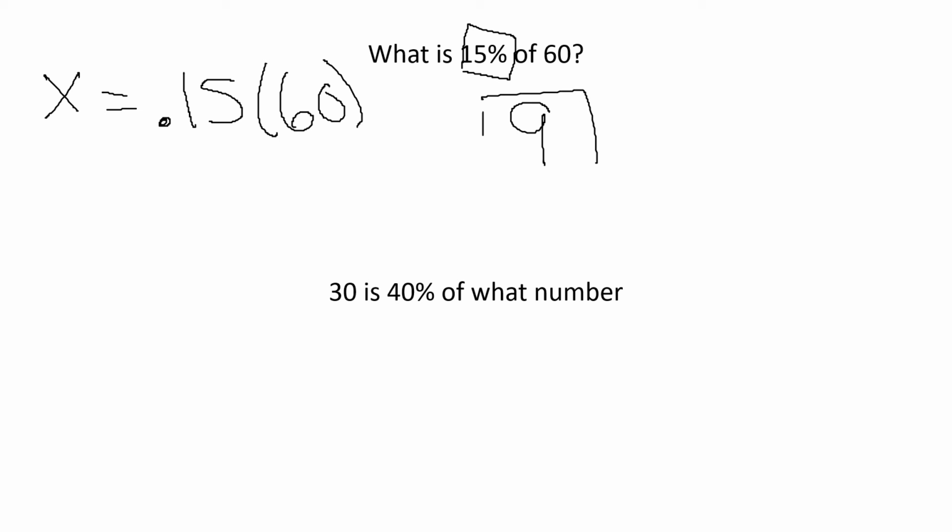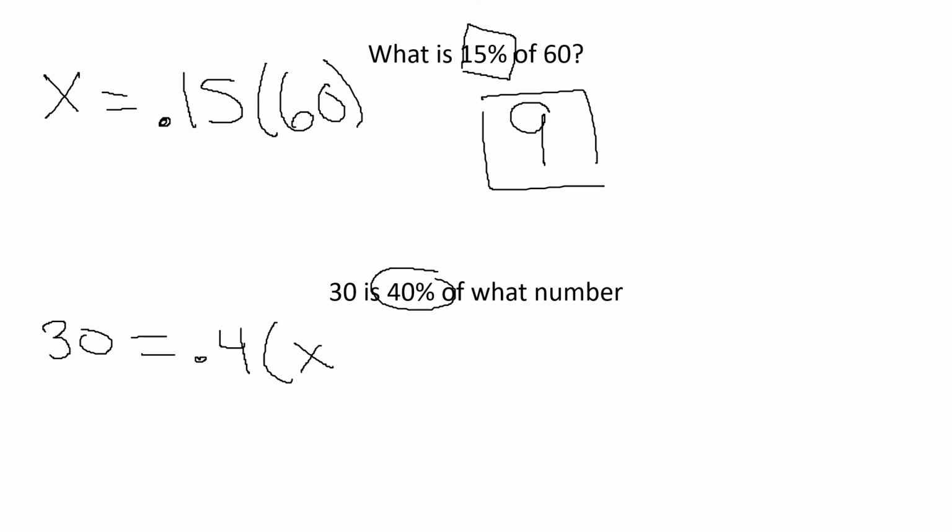I love when we work problems and get simple answers. The second one, set up my equation. 30 is 40%, I'm going to convert it to a decimal, 0.4 of what number? Of x. Okay? Because it says what number, I can leave it in the form that I get.